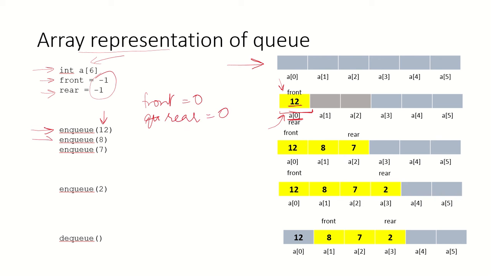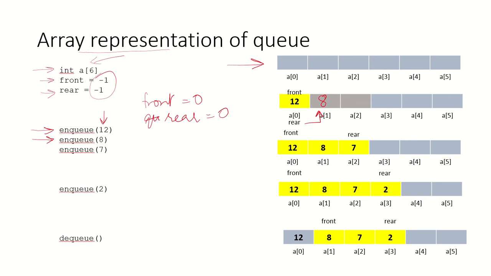Now if we perform an enqueue operation again and add 8. 8 has to be added only in the next available space, and it can be added only at the rear end. So for the enqueuing operation, rear will have to be incremented to point to the next available space, and 8 will be added over there.